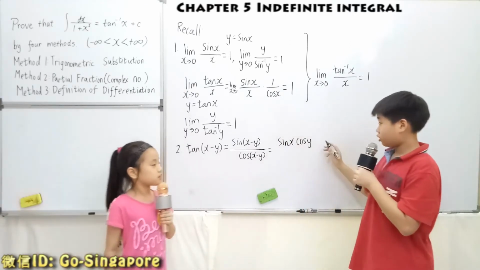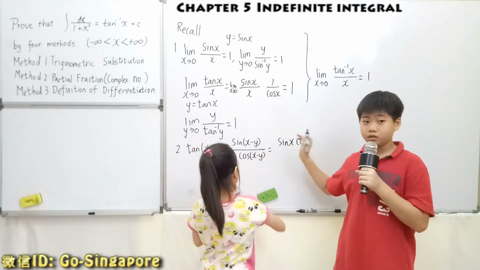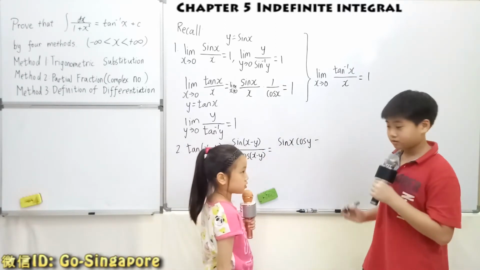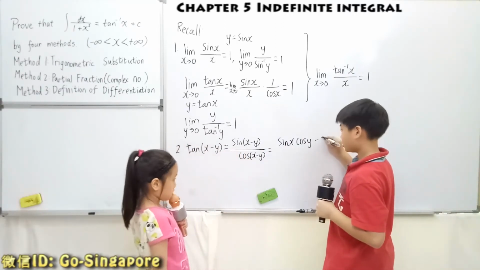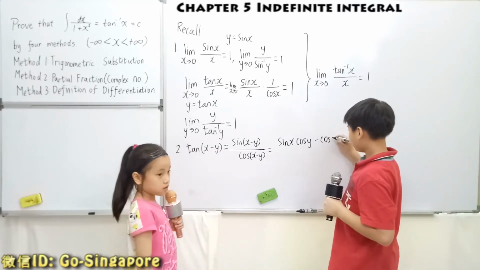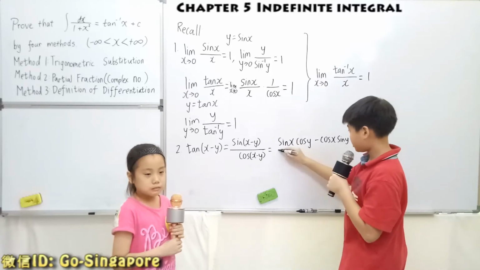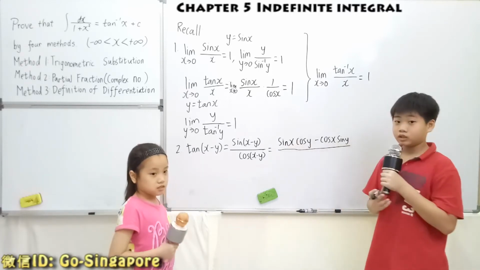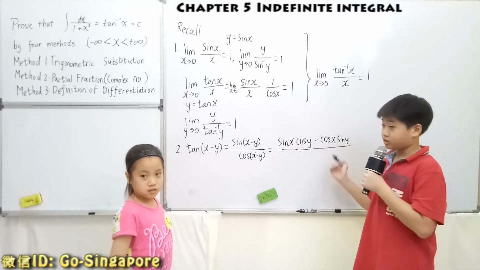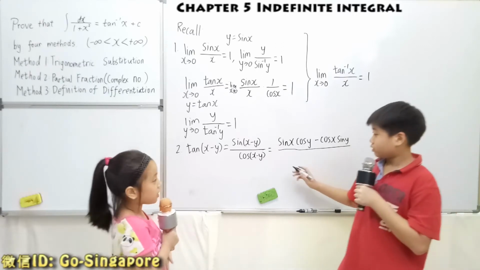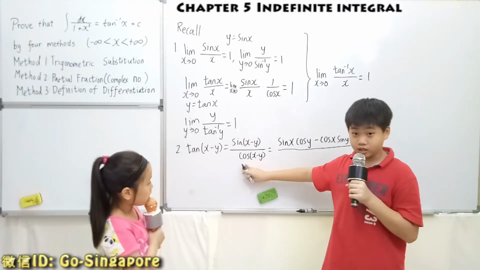So for this, minus over here, minus. Like this, yes. Then over here, cosine is a kokosasa.